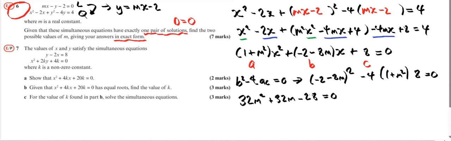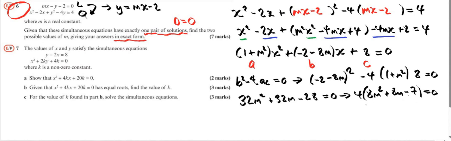So now I've got a quadratic in terms of m. You can see there's a common factor, so I'm going to take that out: 4 times 8m squared plus 8m minus 7 equals 0. And again, I can factorize and solve that. So it's going to add up to 8 and multiply to give minus 7, so minus 7 and 1.